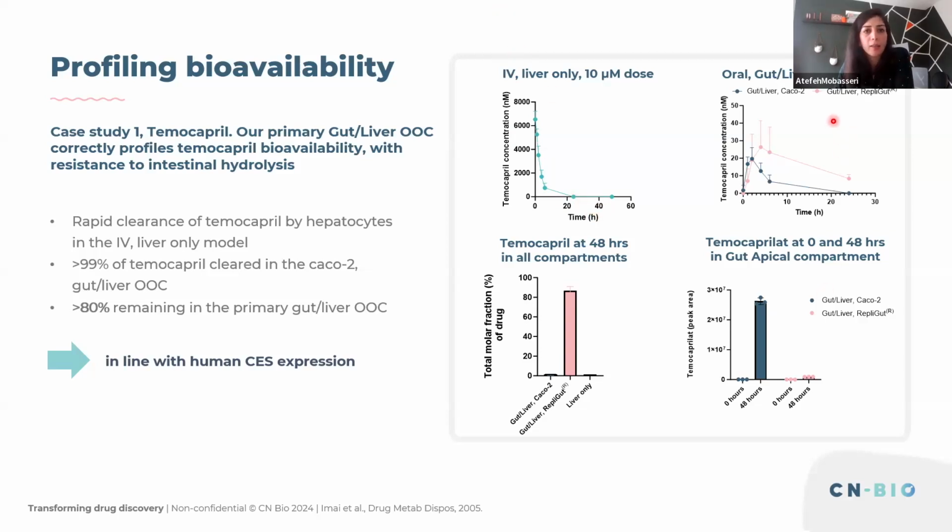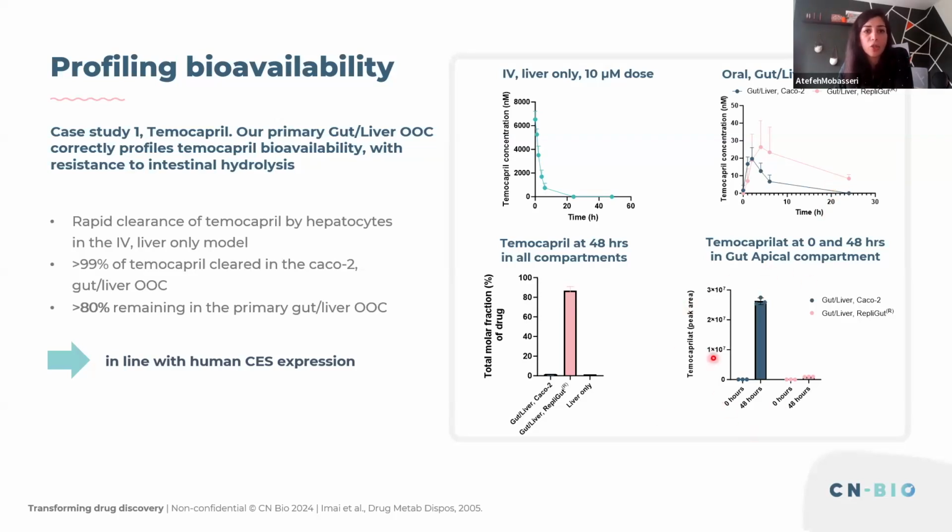However, when we add these compounds to gut liver with the Caco-2 and gut liver Replicot, the gut liver Replicot model can correctly show the resistance to intestinal hydrolysis.